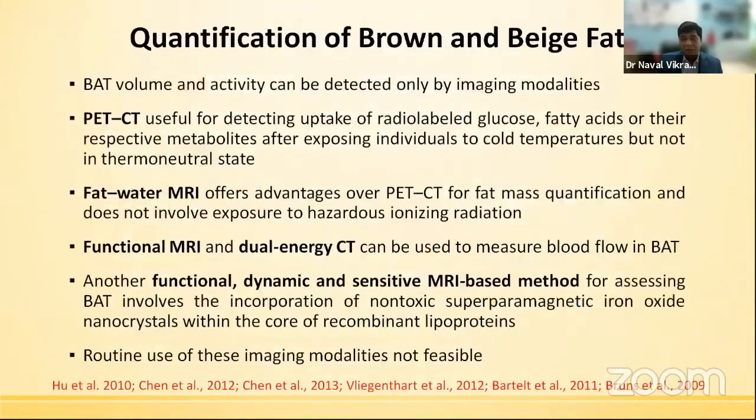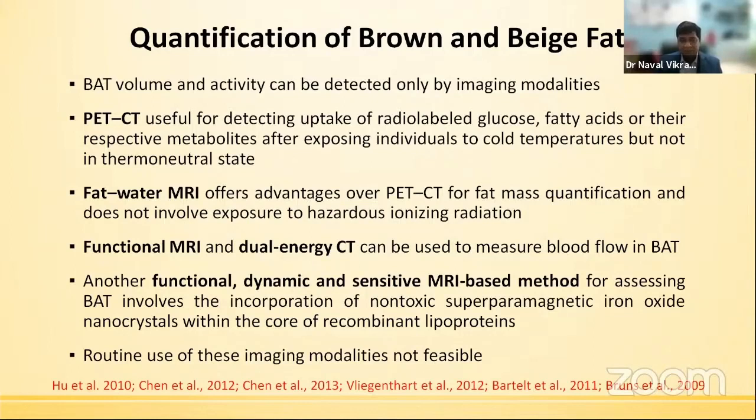Now, how do we find out the amount of brown and beige fat in the body? This is not easy. It's not as simple as finding out abdominal fat or the white adipose tissue. This can be detected only by imaging modalities, and not by simple ones. The most commonly used earlier modality was the FDG-18 PET-CT.